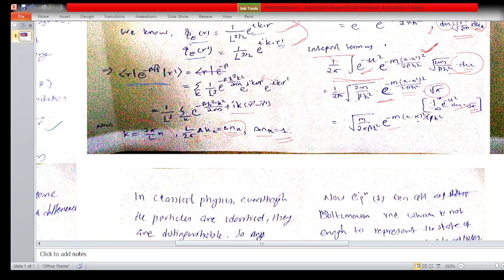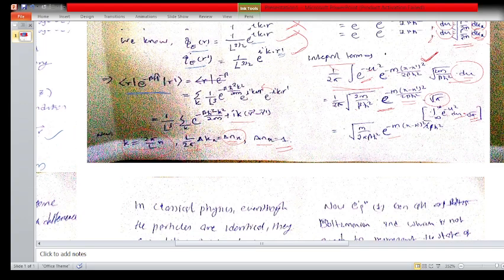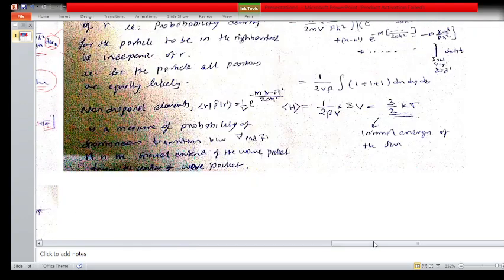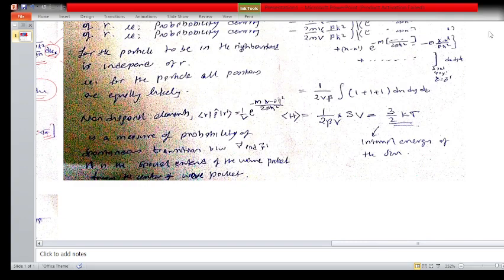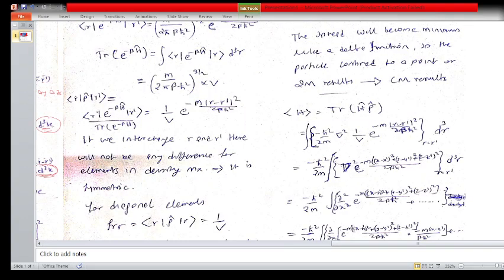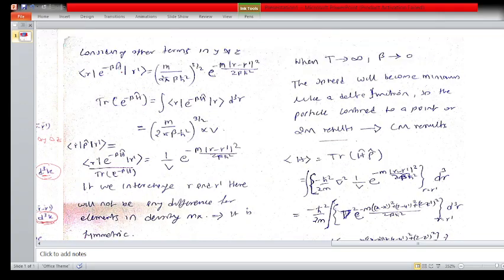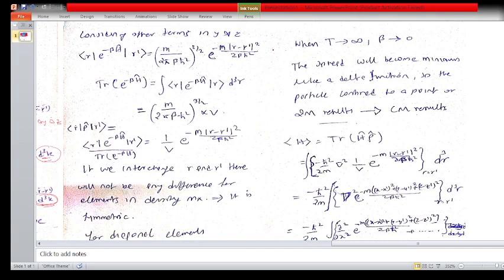That is the integral value only for x. Similarly, we will have the same for y and z also. We have to calculate the same for y and z, and then you get the final expression like this.